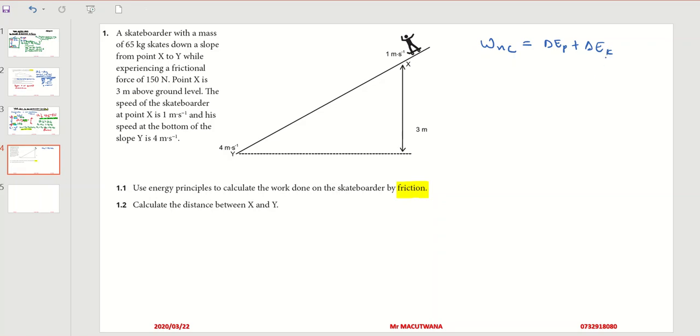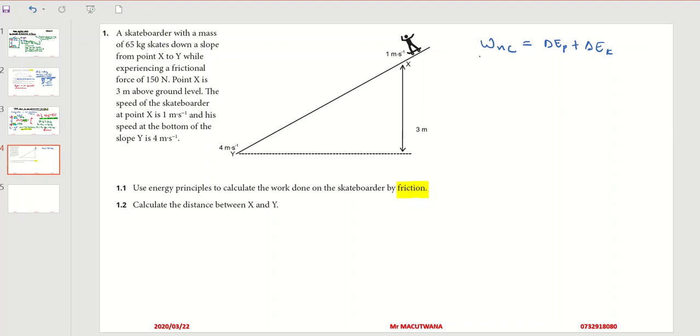Now this formula, unlike the formula for the principle of conservation of mechanical energy, that is E_mec at top equals E_mec at bottom, the formula for conservation of mechanical energy will not be given in the exam, but this one will be there in the answer sheet, so you do not need to worry much.